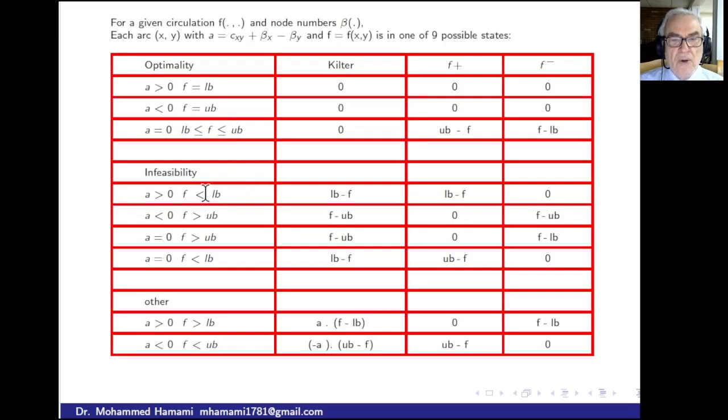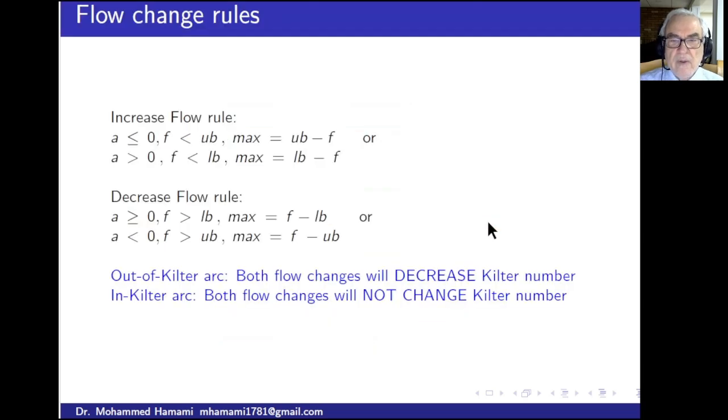And also, for example, here, if I increase the flow on this arc by epsilon, that will reduce the Kilter number. And the same thing with decreasing the flow. Any change in the flow will decrease the Kilter number.